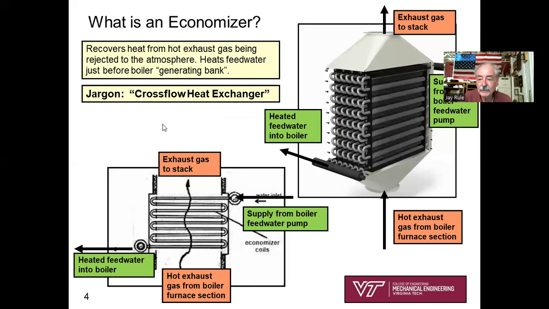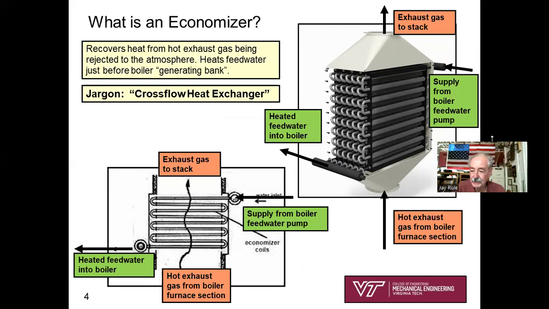Well, and this is called an economizer. So an economizer is a piece of equipment that recovers waste heat from exhaust gas and puts that heat into boiler feed water. And so this is what an economizer looks like. We've got a hot exhaust gas coming from the boiler furnace section, and it's in thermal communication with feed water coming from the feed water pump.